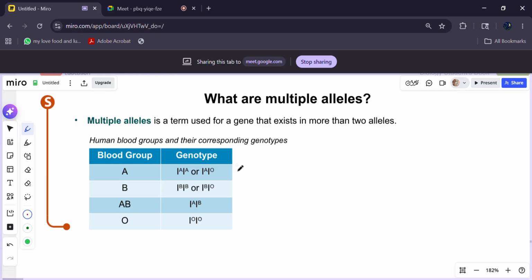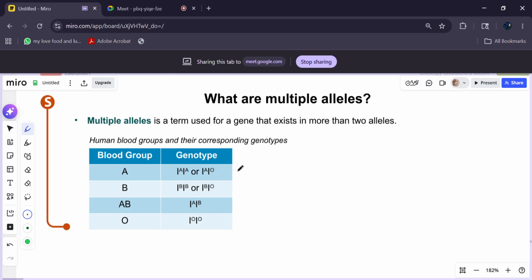IA and IB are dominant over IO, but IA and IB exhibit codominance. Therefore, individuals with alleles IA and IB will have the AB blood group.